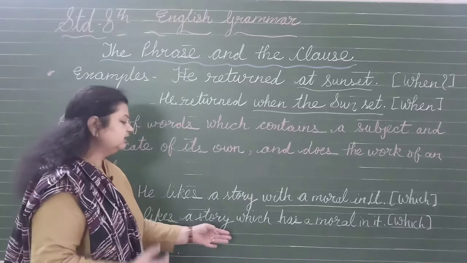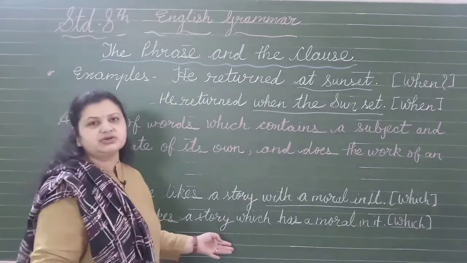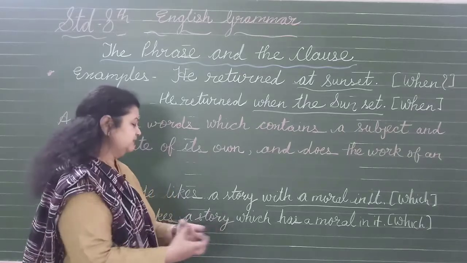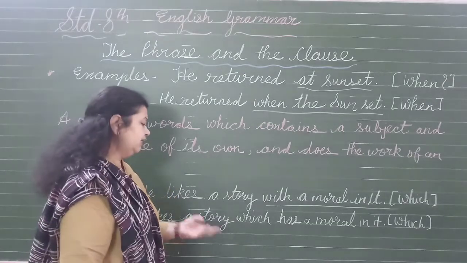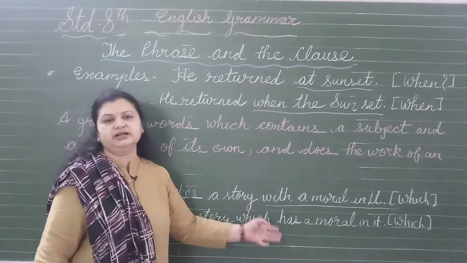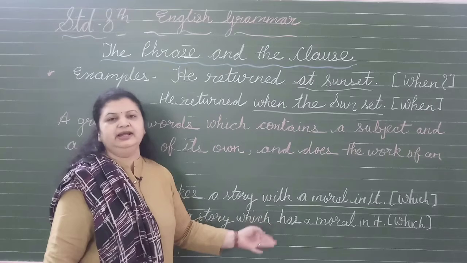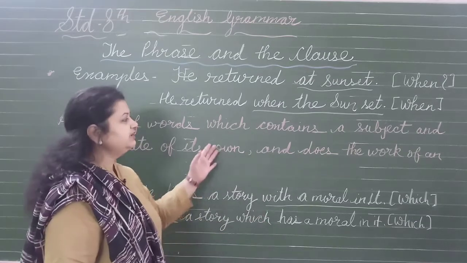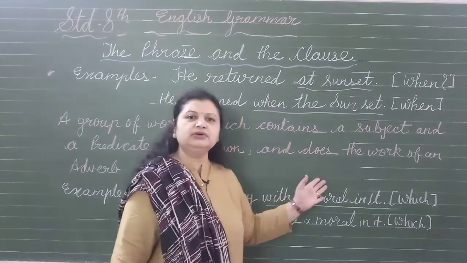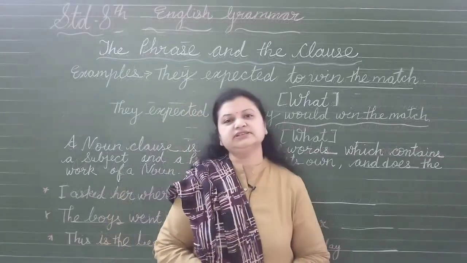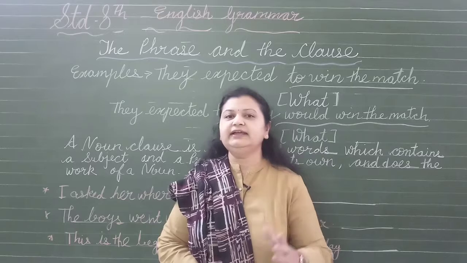So when you know the definition of adjective, when the word is qualifying a noun or specifying something, that is called an adjective. So here both are working as an adjective. So this is called an adjective phrase and adjective clause. So these are the adverb phrase and clause and adjective phrase and clause. Adverb clause and adjective clause, that I explained to you.